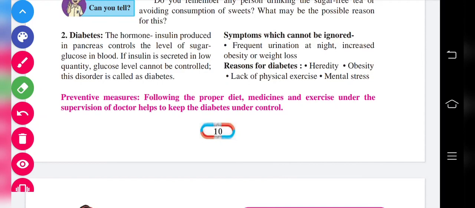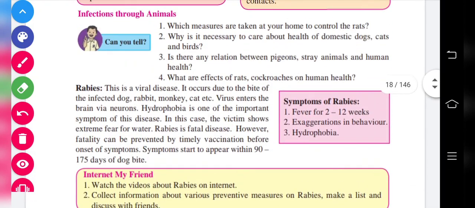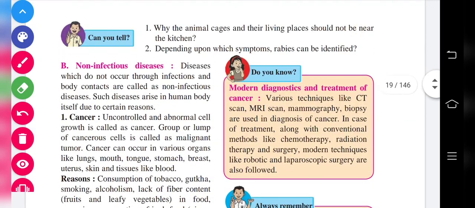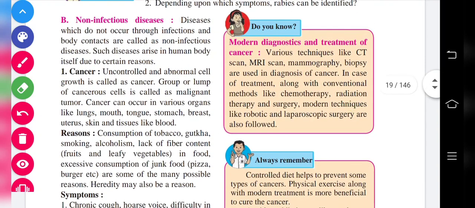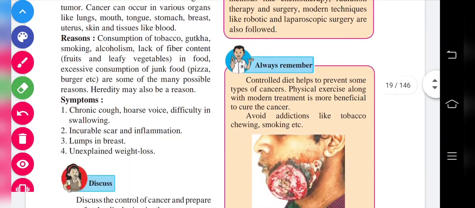After that we studied cancer. Cancer is unwanted cell growth in our body. It is a non-infectious type of disease. It can be controlled by destroying the unwanted cells in our body with the help of radiation or chemotherapy.